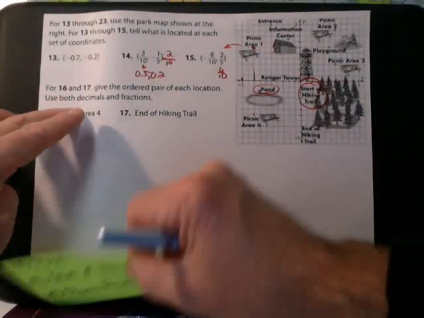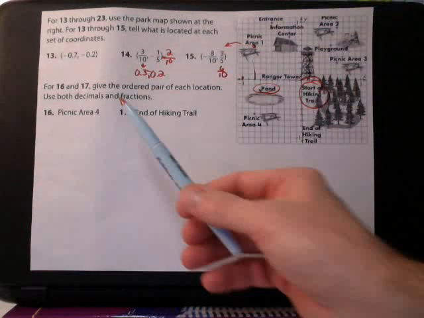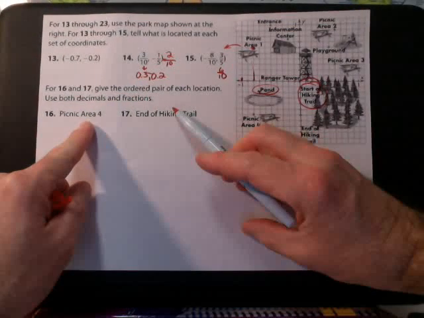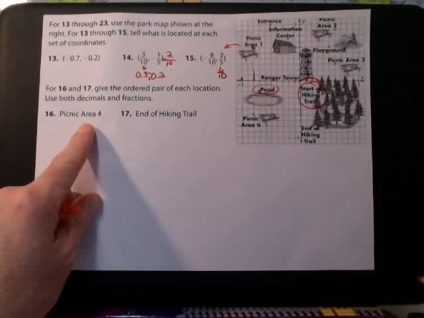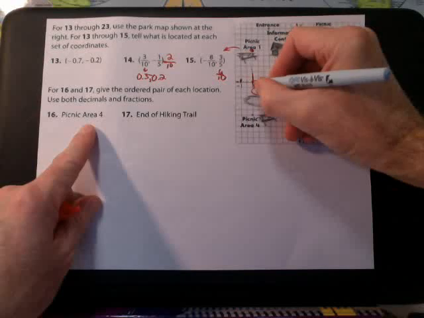Alright? Pause the video and see if you can answer 16 and 17. Okay, here we go. They want you to give the ordered pair for each location. Picnic area 4, you come over to here and down.